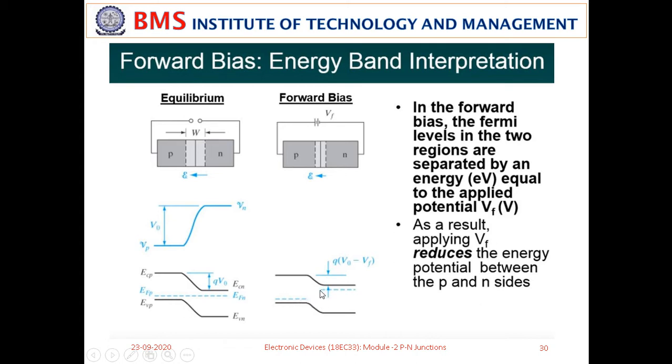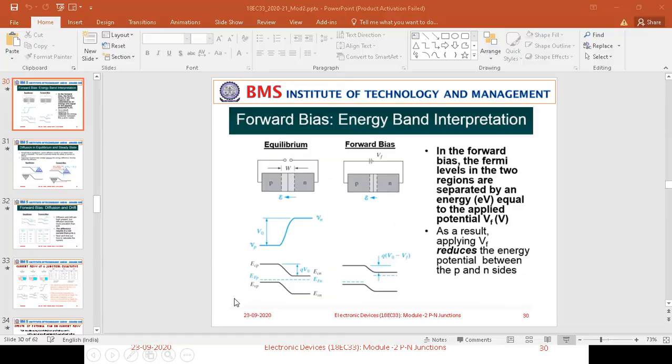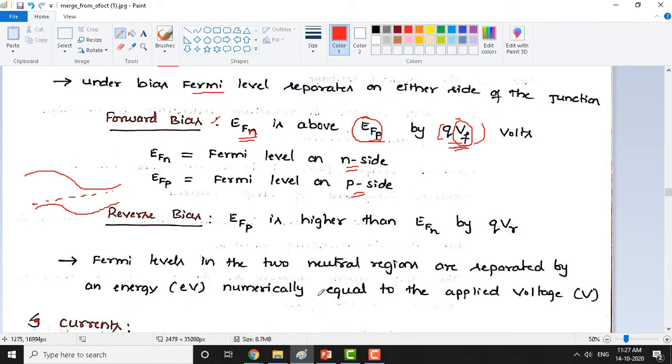How much have they split? By q times Vf. This distance is q times Vf. That much amount they get split. This split decreases once you increase the potential barrier. At equilibrium you can observe a constant line moving from P to N.